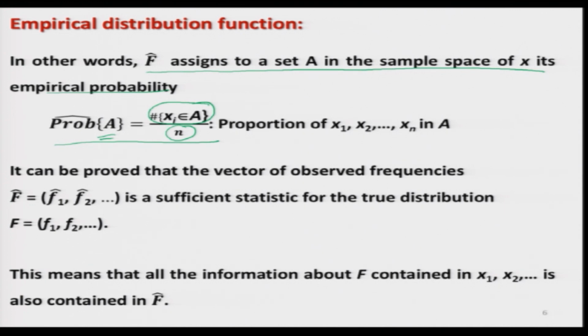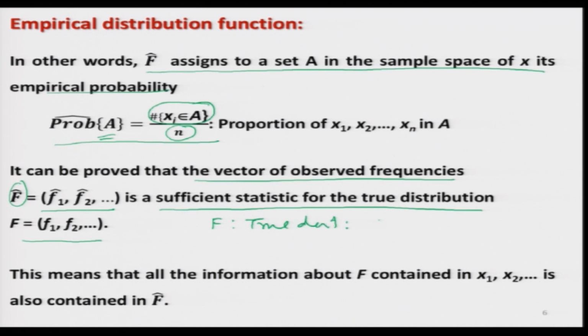And yes, I am not giving you the mathematical proof here, but that proof is available in the books, and I can assure you that we can prove that the vector of observed frequencies, f1 hat, f2 hat, etc., which is our empirical distribution function EDF, is a sufficient statistic for the true distribution. What does this mean? You can see that your f is something like the true distribution.